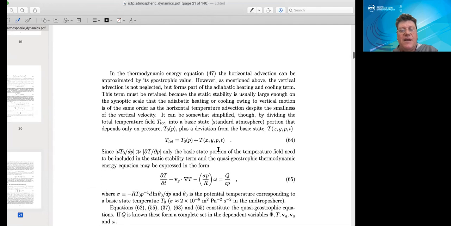For the thermodynamic equation, it's very useful to do something that we have seen in the pictures already that we have just looked at. It's very useful to decompose the total temperature into just a vertical reference profile, which could be the zonal, horizontal and time mean temperature, which is just vertically dependent, plus a perturbation from that.